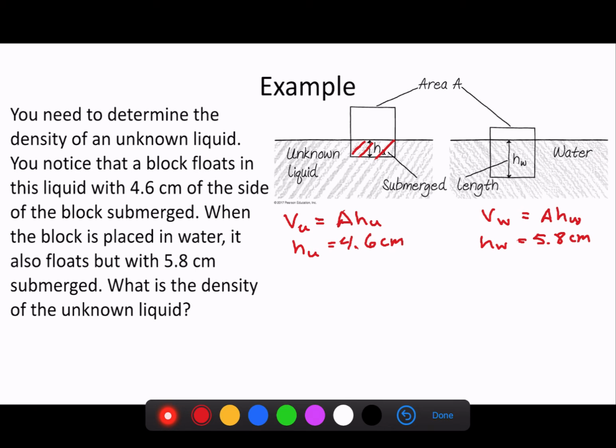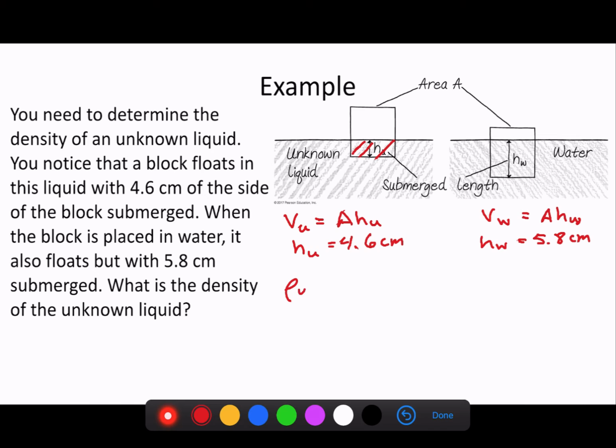Now again, if we want to know what's going to go on with this, whether it's floating or sinking, in both these cases it's floating. It's floating because the amount that's submerged exactly equals the amount that's being displaced by the water.